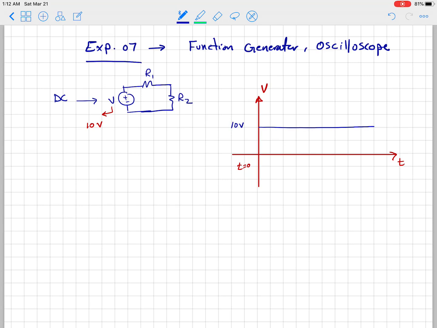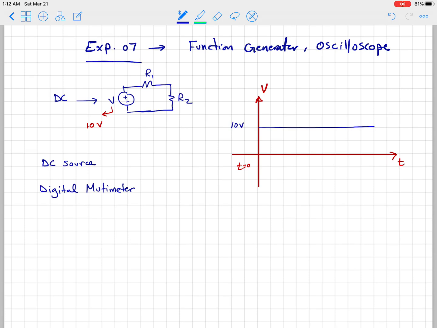So remember, in order to create this circuit in the lab, we need a DC source and a digital multimeter. So the DC source will provide us with the voltage source.